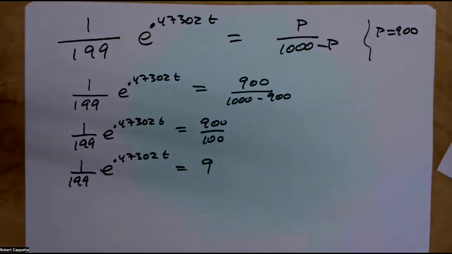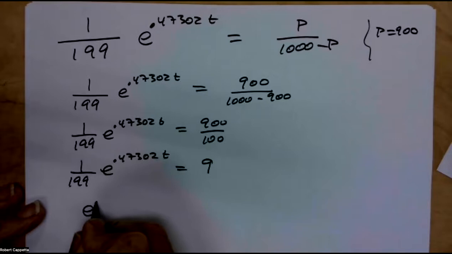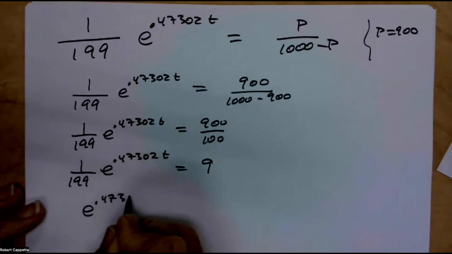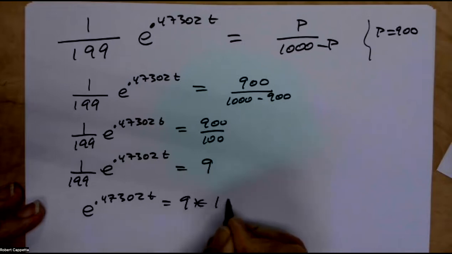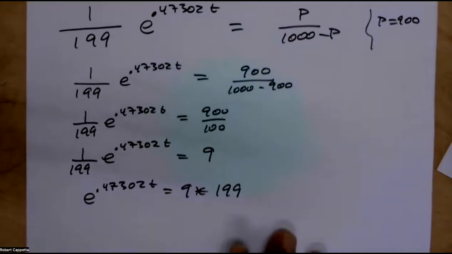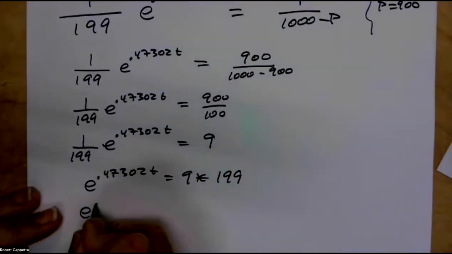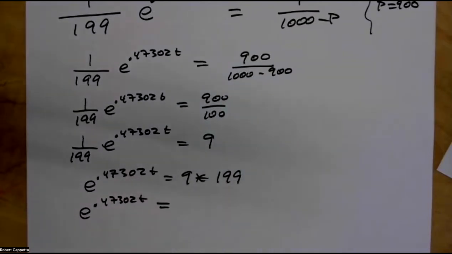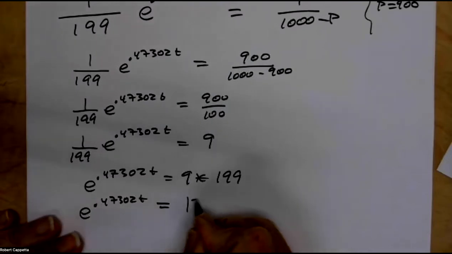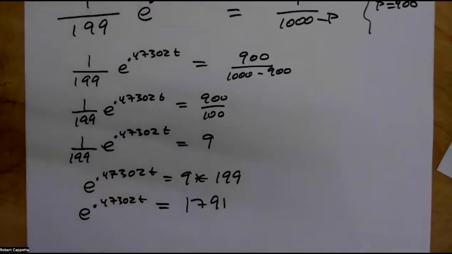Multiply both sides by 199. E to the 0.47302t is 9 times 199. E to the 0.47302t is a large number, 1791. Hit both sides with a natural log.